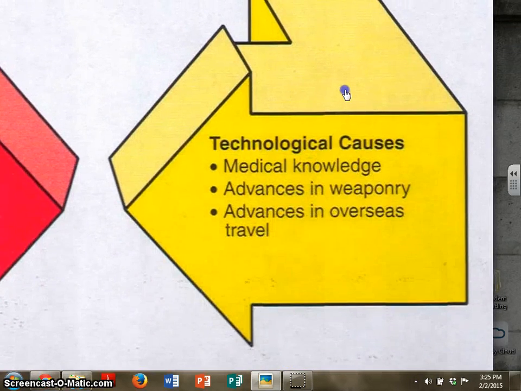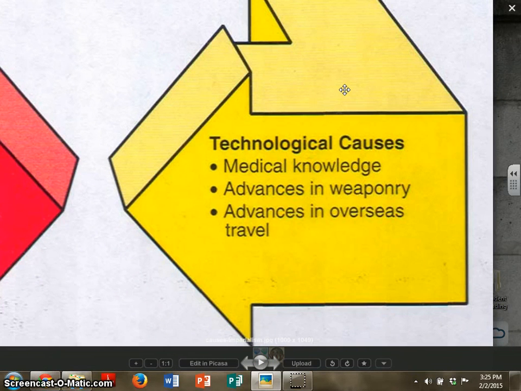Cause number three is technological causes. When these European countries mostly, again, and the United States and another country like Japan go in, they have better medicine, better weapons. They're able to use their industrial power to build these weapons, to build better ways of traveling, and so on.